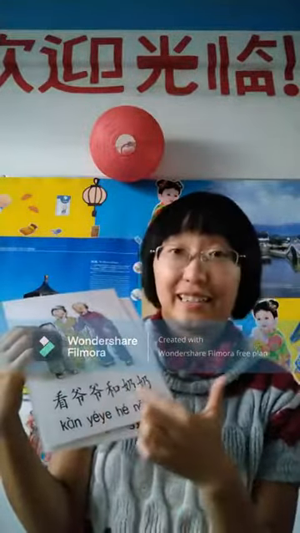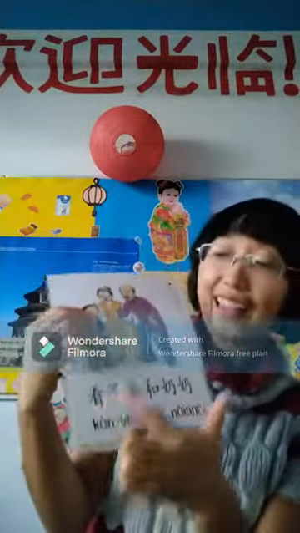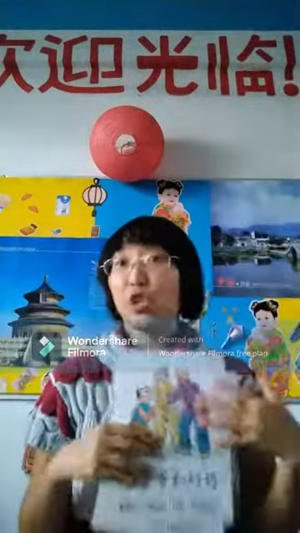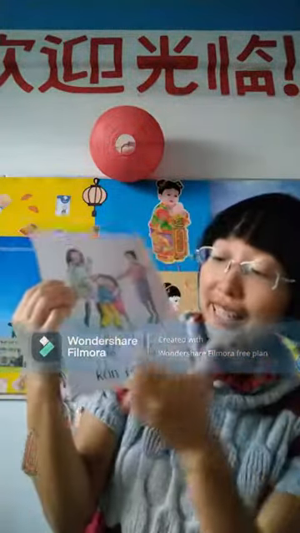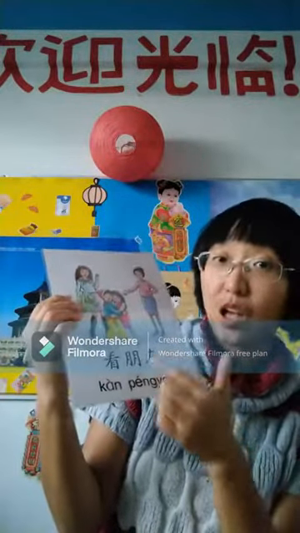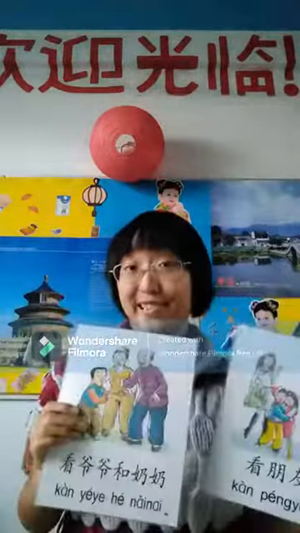Okay, 看爷爷和奶奶，看爷爷和奶奶。Which means go to visit, go to see your grandpa and grandma. And this one, 看朋友，看朋友。朋友 is friend. So go to visit, see your friends. So through these 2 flashcards, the students can also learn some new words.